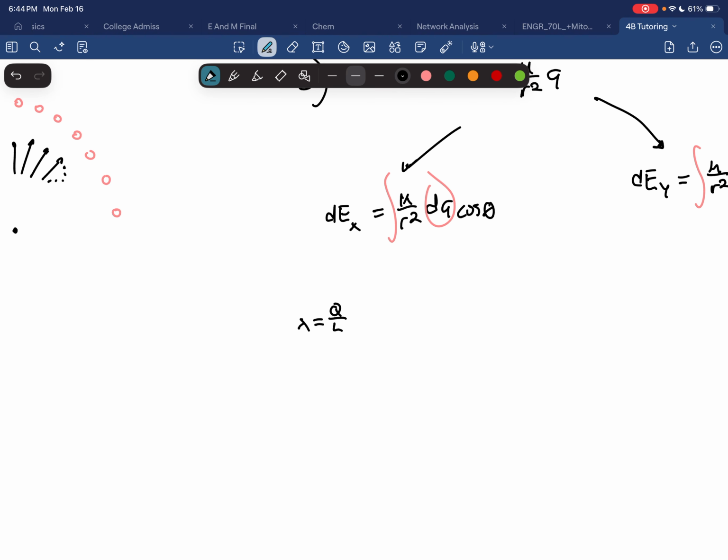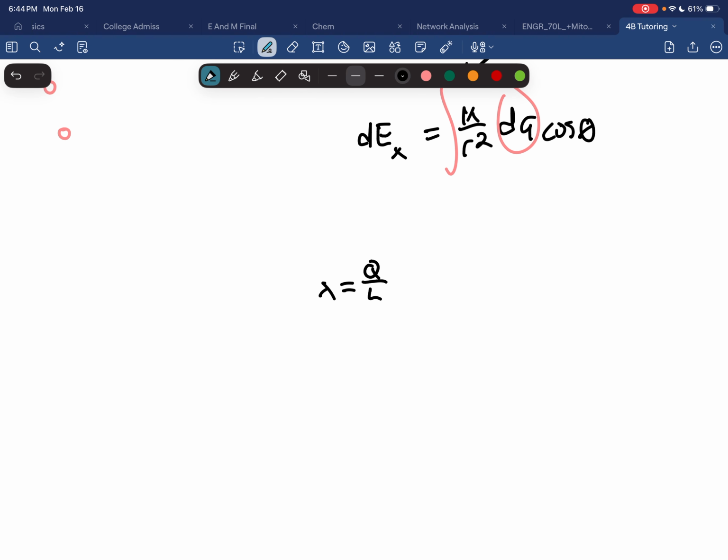And so since we're trying to find some substitute for Q, instead of saying lambda is equal to the total charge over the total length, we're just going to say that lambda is equal to some infinitesimal small amount of charge over some infinitesimal small change in length.